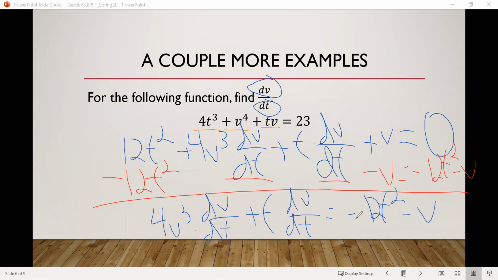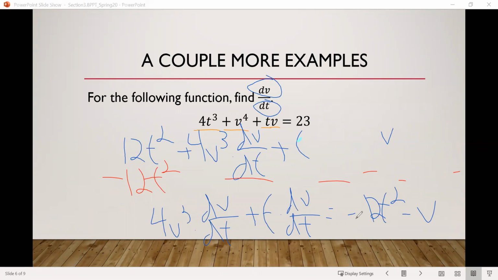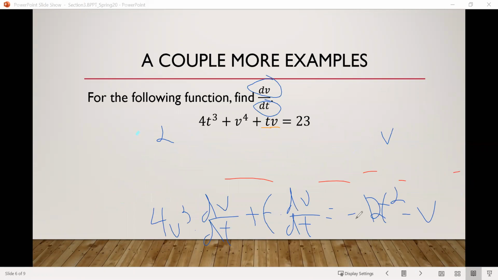Okay, and I'm going to erase some stuff up here. So notice now on the left-hand side of our equation, we have two things being added together, but both of those things involve a dv dt. So what do you think that means? Right, we can factor that out because it's in both of them.